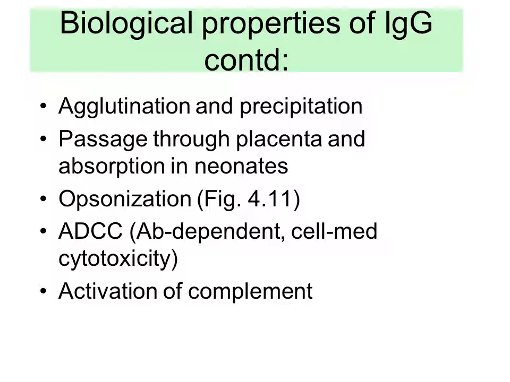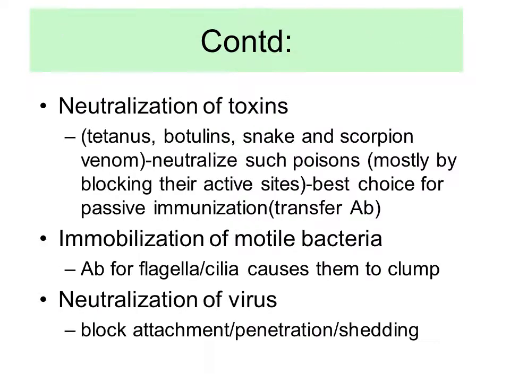And then we talked about activation of complement anyway. Neutralization of toxin, I talked about that. Immobilization. So you can see all these antibodies have a lot of jobs. For example, if this is a toxin or a venom, a molecule with many different sites, these antibodies will come and attach to it on all sides.